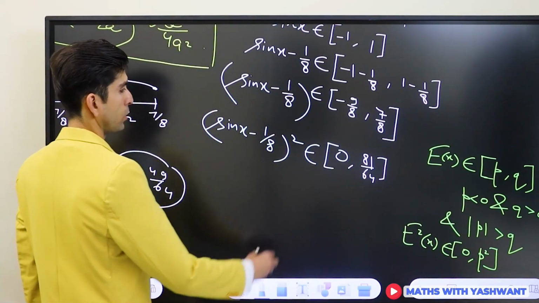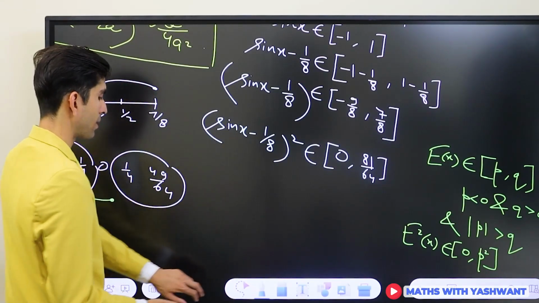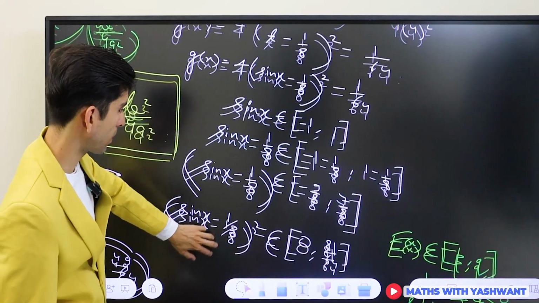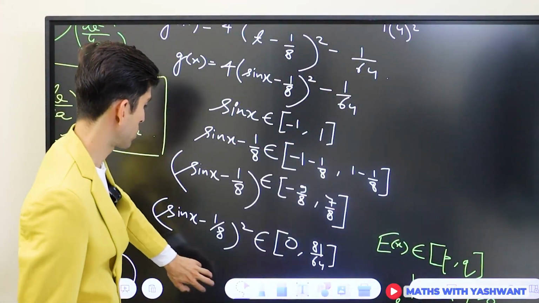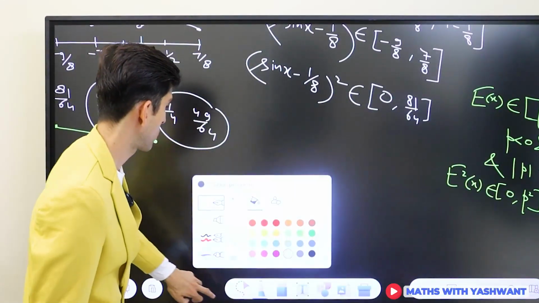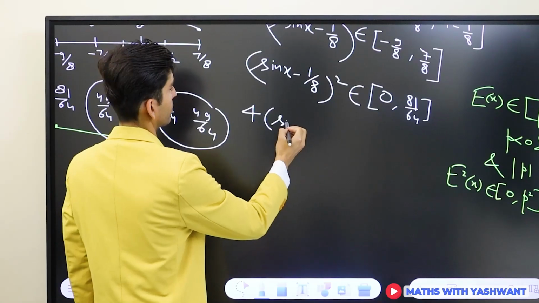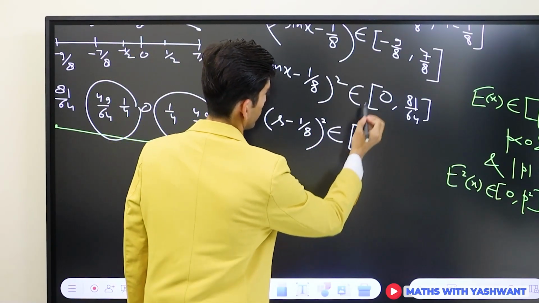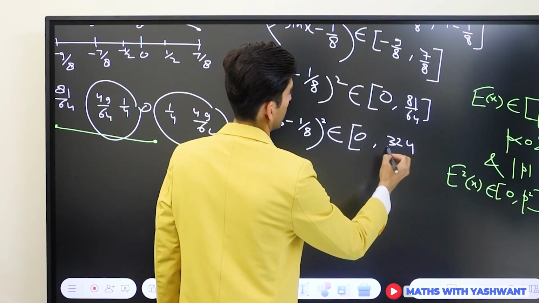So now we have 0 to 81 by 64, and now we modify it further by multiplying it with 4, because in the original expression we have 4 here. And lastly we add negative 1 by 64. Let's represent sin x using symbol small s to save time and space. So 0 into 4 will be 0, and 81 by 64 into 4 will be 81 by 16.